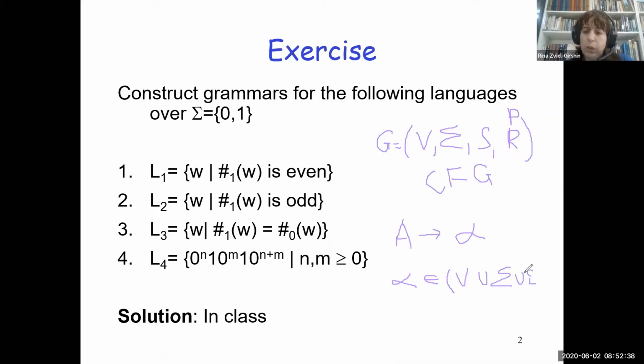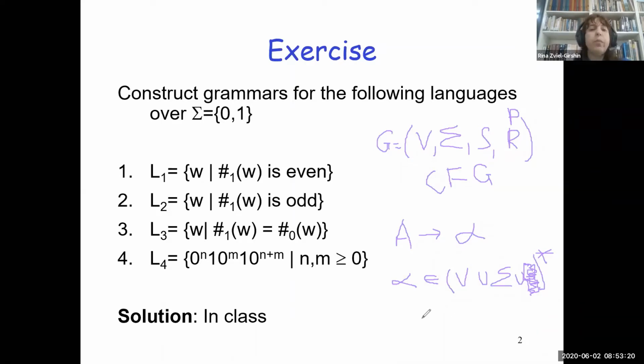We don't need to say union with epsilon because I use the star sign, so epsilon will be inside. You can use only V union sigma and the Kleene closure sign. So basically we have one variable on the left side, and several terminals and variables on the right side. Also we can use epsilon production: some variable can derive epsilon.